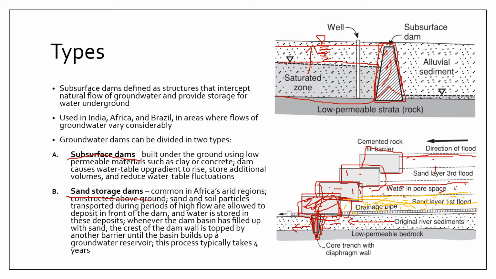And that series of sand deposits can store water. All right, so this can store groundwater, and of course, this can be exploited later on by drilling in wells or inserting irrigation pipes underneath. And this process typically takes 4 years to complete. All right.